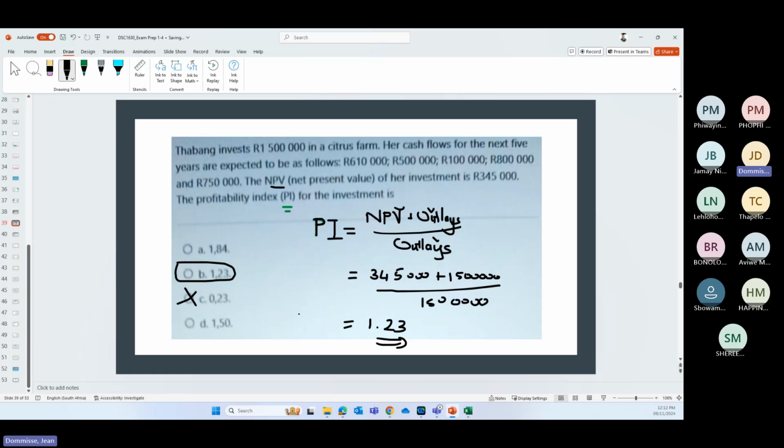So just be careful not to be caught out by them and how they just do something a bit different. Be careful that they don't want to catch you out by making something look very similar, and then you fell for the 0,23.